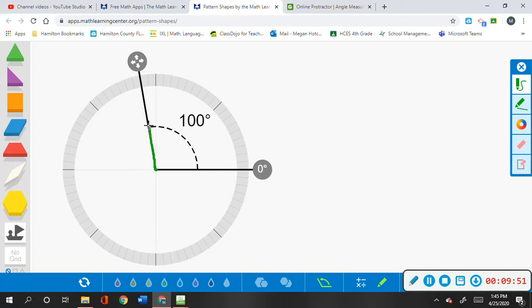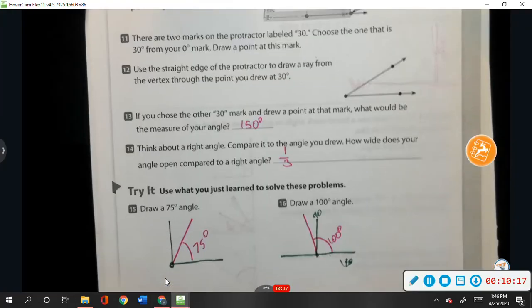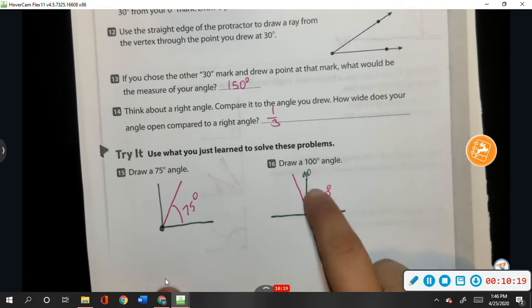We have our ray going all the way to the 100 degree mark, and then you always have to have that bottom ray exactly at that 0 degrees. So 100 degrees is 10 degrees more than 90 degrees. So it's going to look like this. Oh, you can't see it because I'm still on the screen. Sorry, guys. It's going to look like this.